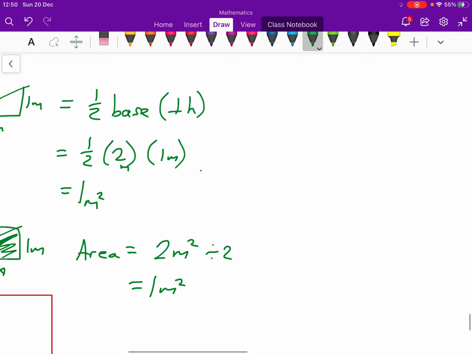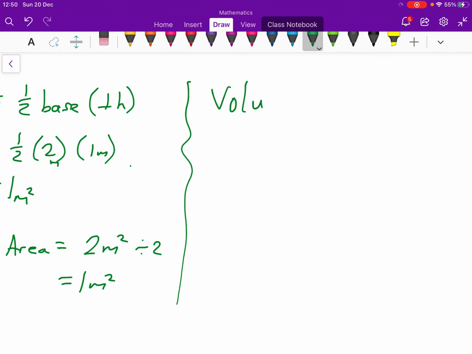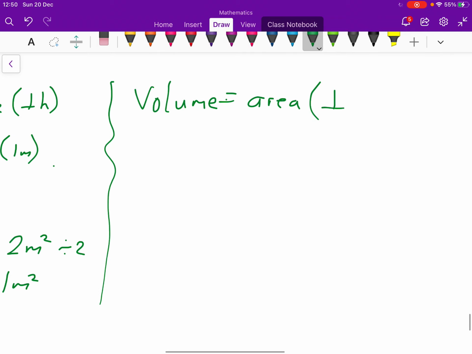But we said we had to multiply by the width of the ramp to get the volume. Because volume is always area multiplied by the perpendicular length. In this case we're calling the perpendicular length the width of the ramp. That was 2 meters, and the area we just saw was 1 meter squared.